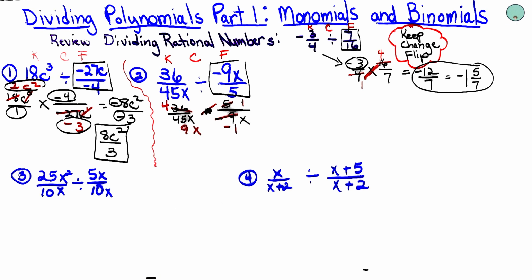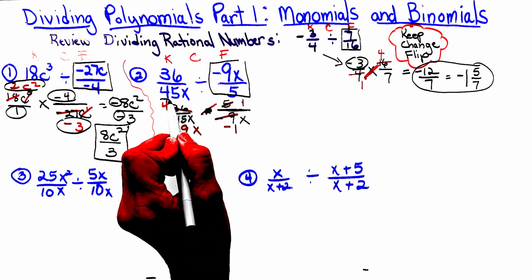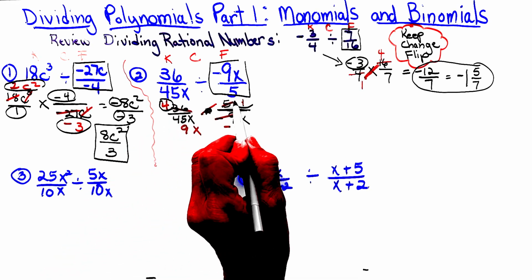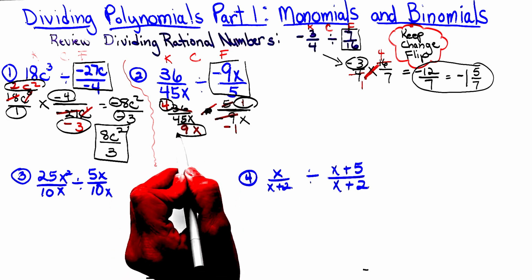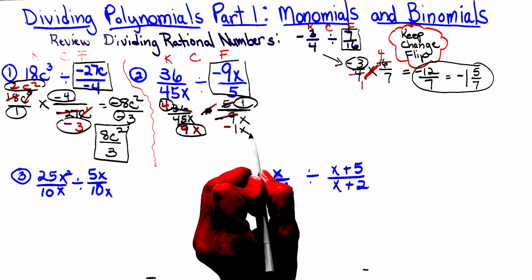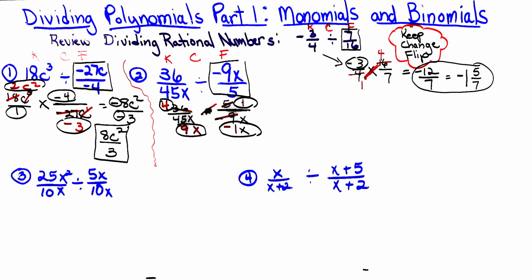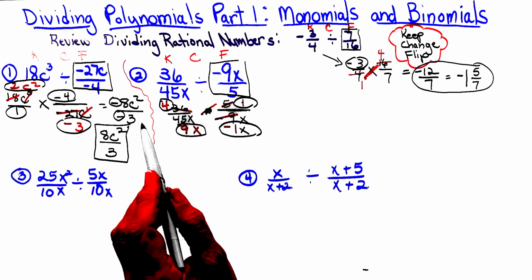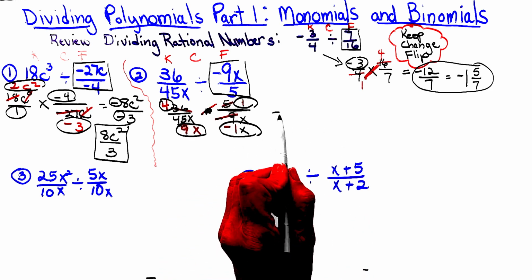So now, as I am looking at this problem, I'm going to circle the numbers that I will actually be multiplying so that I can see everything. And there's an x up there, so I'm actually going to bring that x down. So I have everything in my circle, so it's easy when I go multiply straight across.